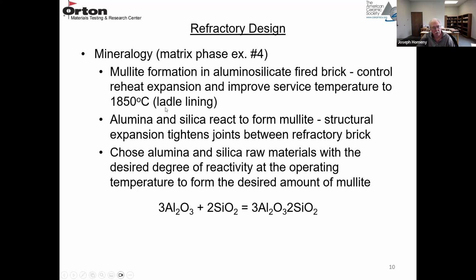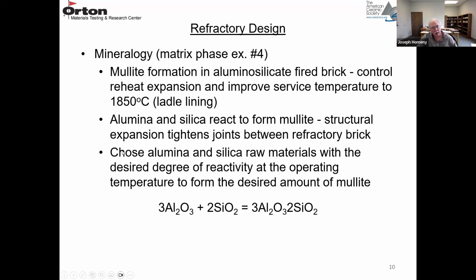So mullite formation is desirable in a ladle lining if you're using aluminosilicate refractories. Again, alumina and silica react to form mullite. The product is a lower density, higher volume, so that tightens the joints in the ladle lining.